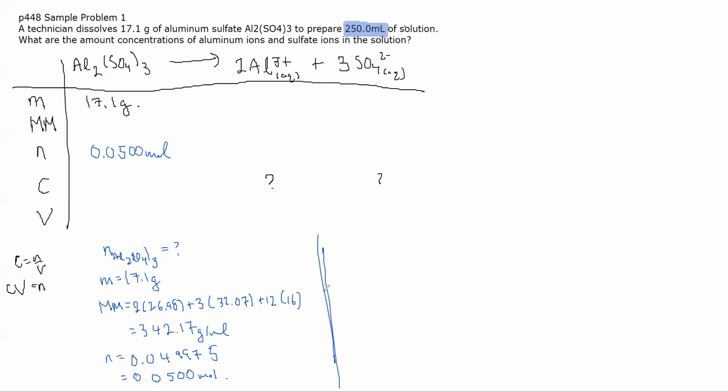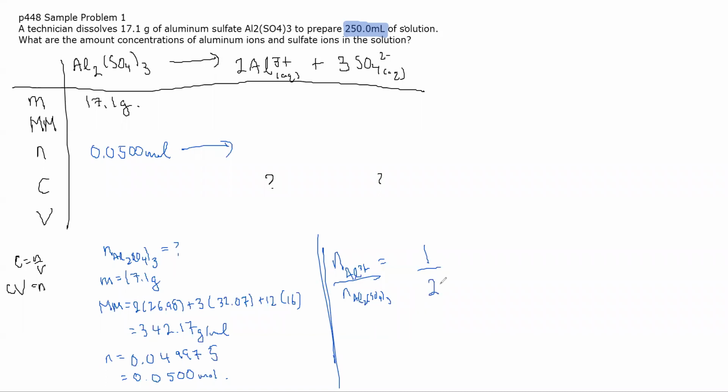The textbook does something a little bit funky. I think it's just so much more organized to just create a chart and figure out how many moles we have. The ratio of the number of moles of aluminum ion to the number of moles of aluminum sulfate is going to equal 1 to 2.